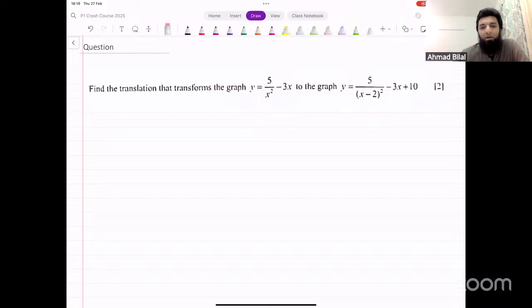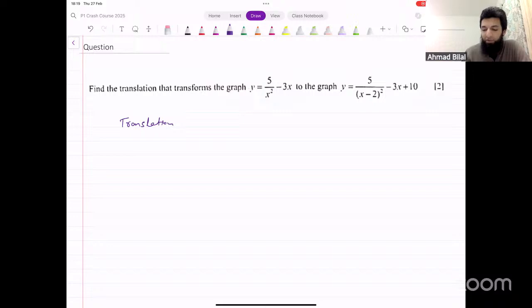Okay, now what translation is this? Think about it quickly. Let me know what it should be. What's the translation vector going to be in this case? Two and 10.